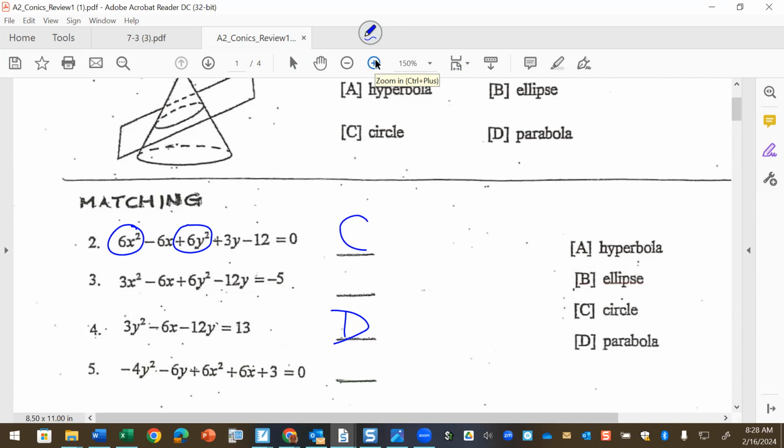Which one's just like it but has different numbers in front of the x squared and y squared? Number 3, so that makes it the ellipse. And this has got to be A, but why? Because one of them is subtracted. That's the hyperbola.